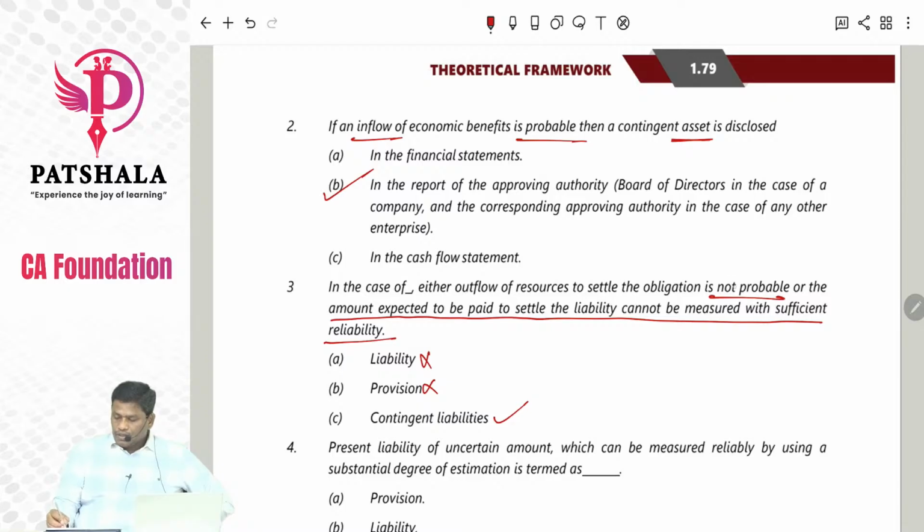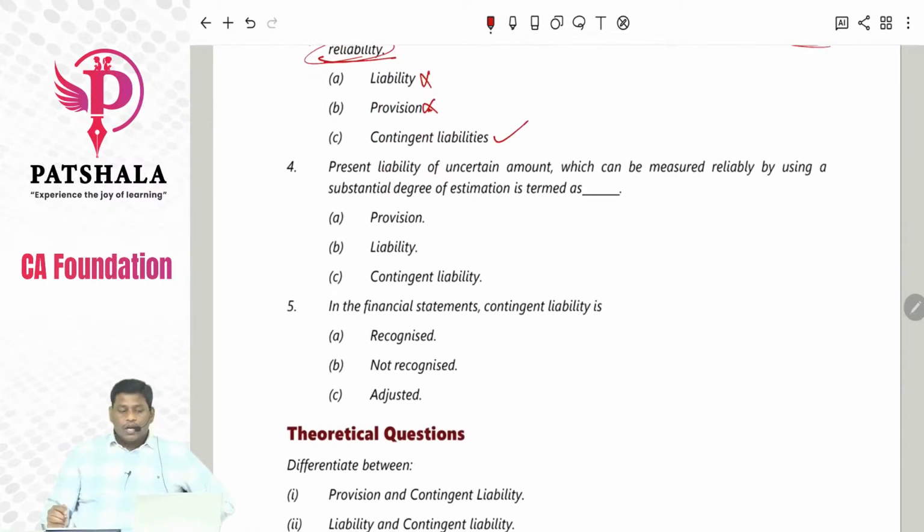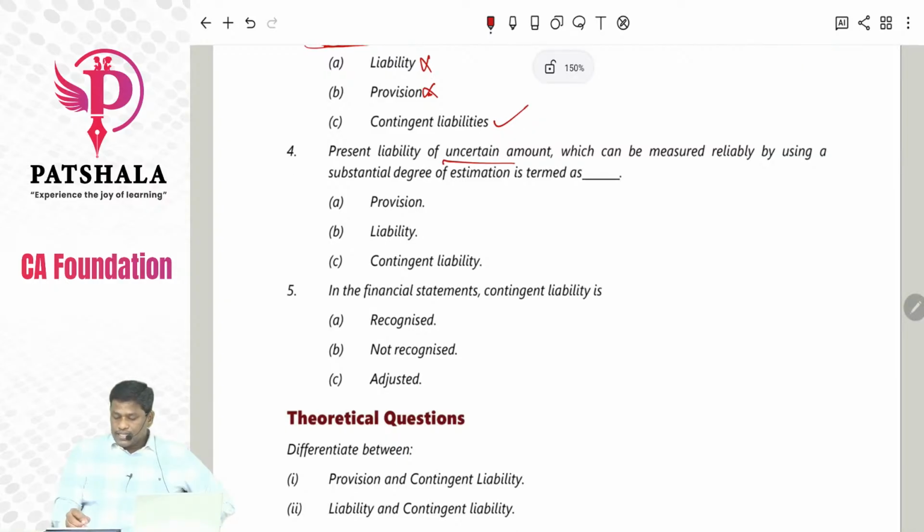If you can measure it, it is a provision. Present liability of uncertain amount which can be measured reliably by using a substantial degree of estimate. That is the definition of provision.